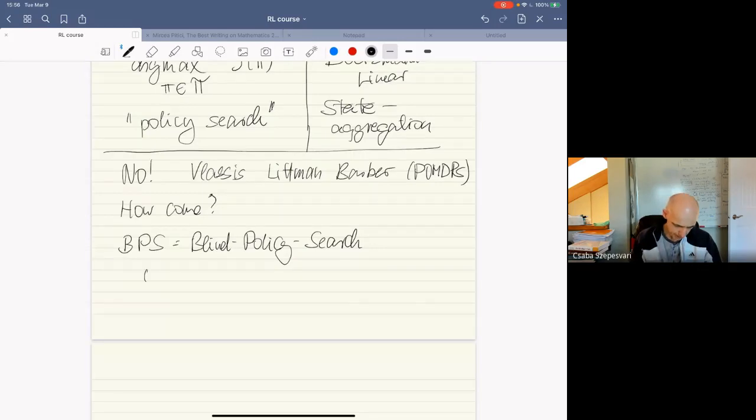So phi SA has as many dimensions as the number of actions, and everything only depends on which action you choose.